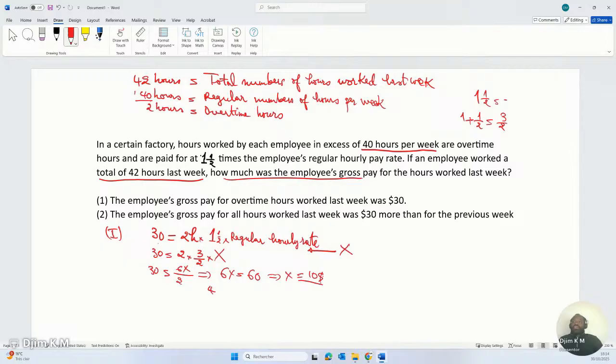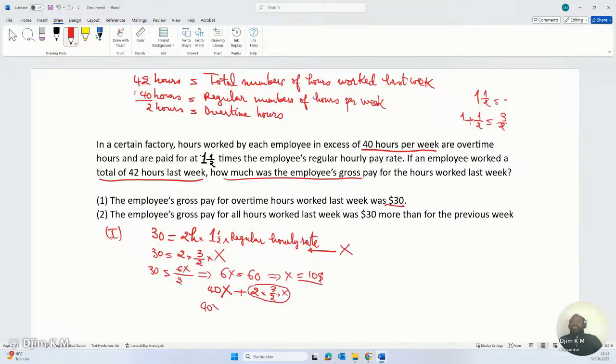The employee worked 40 hours regular, 40 big X, plus 2 hours of overtime, 2 times 3 over 2 times big X. But we know this value is already given, the gross pay for the overtime hours is 30.